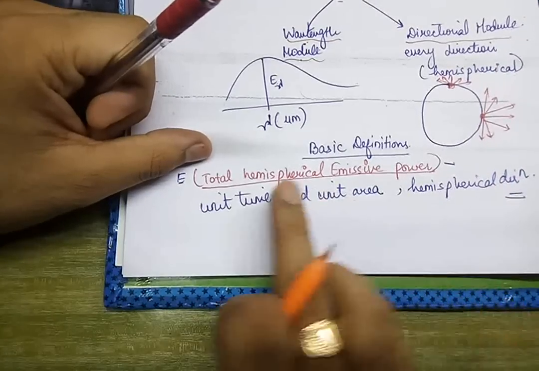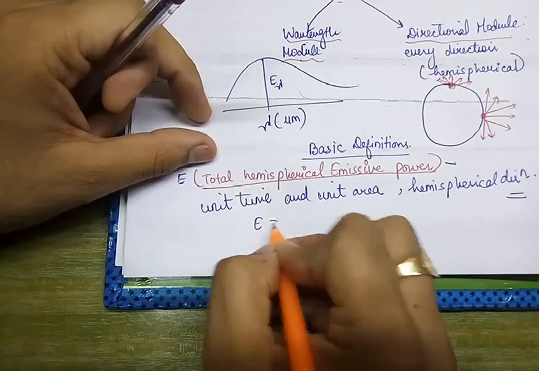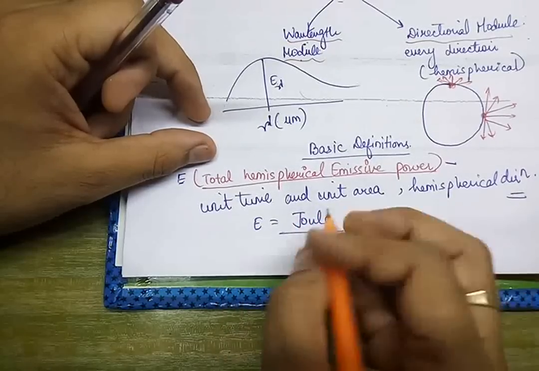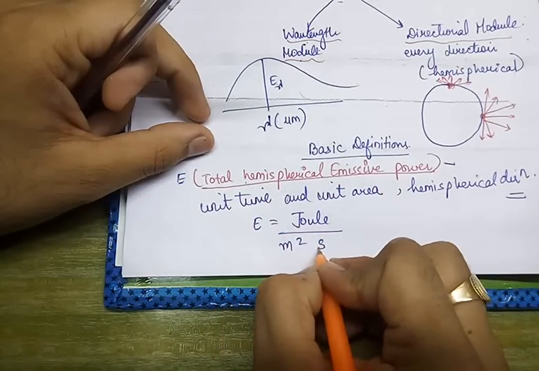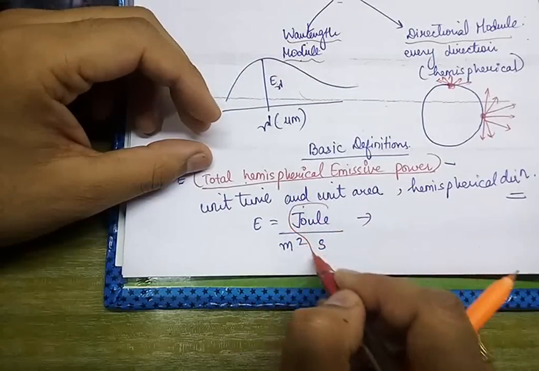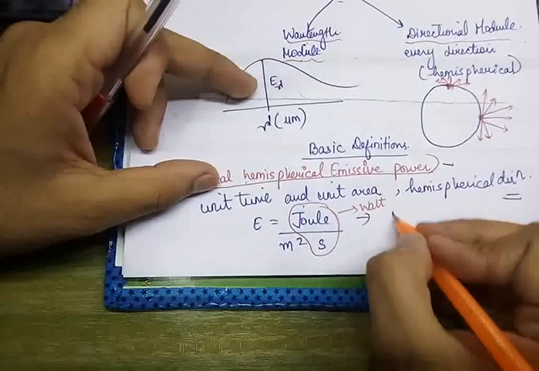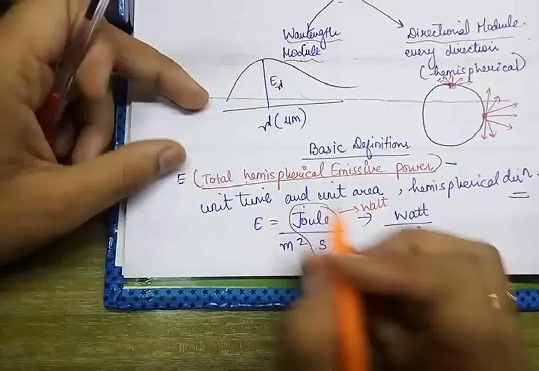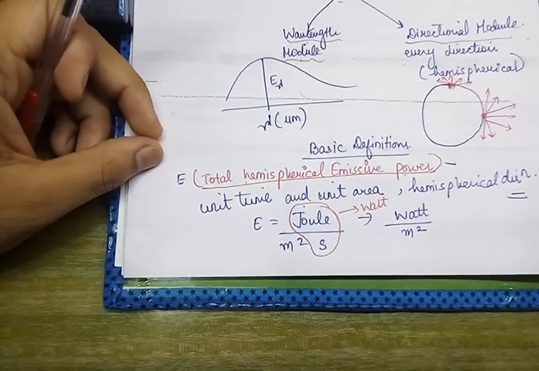Okay, this is called the total hemispherical emissive power, represented by E. The unit of E would be joule upon meter square, since we have per unit area, and per second, since we have per unit time. We know that joule per second is watt. So the unit of total emissive power becomes watts per meter square.